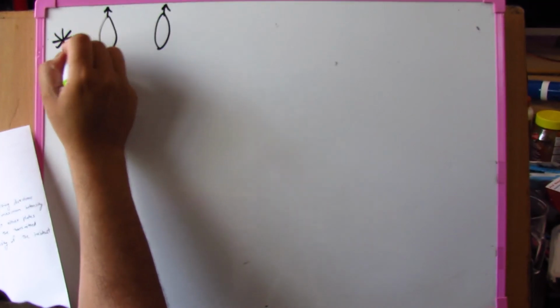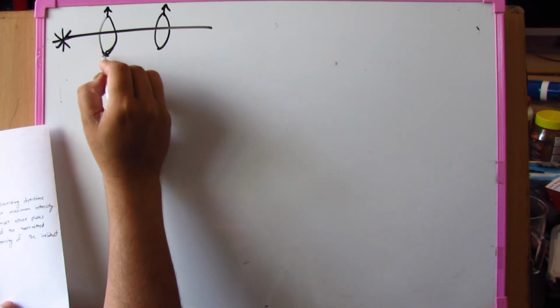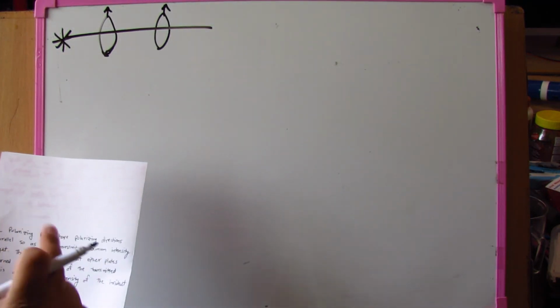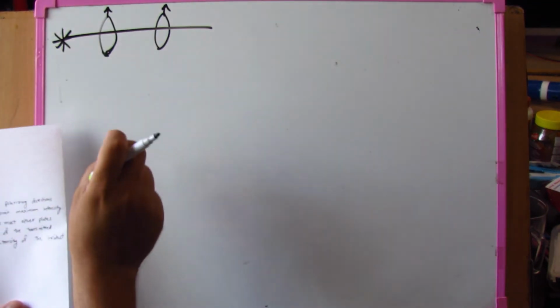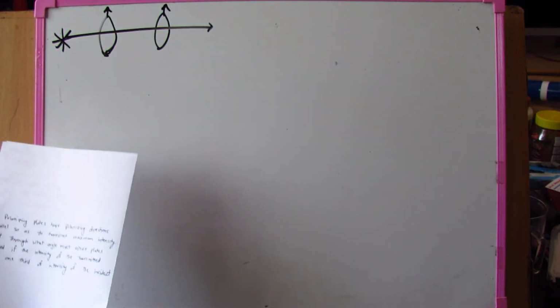Again, this is unpolarized light passing through this. The angle between the transmission axes of this and this, those are parallel to each other, so they will transmit maximum intensity. This is again the same thing.